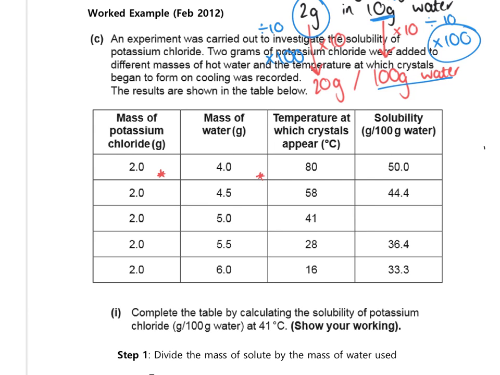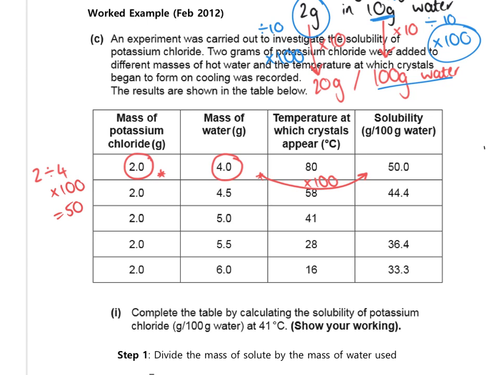So what we do is we divide our mass of solute by the mass of water used, and then multiply by 100 to get our value. If you did it for this one that's been done for you, you would get 2 divided by 4 is 0.5, times by 100 is 50. So your solubility value is 50 grams per 100 grams of water.